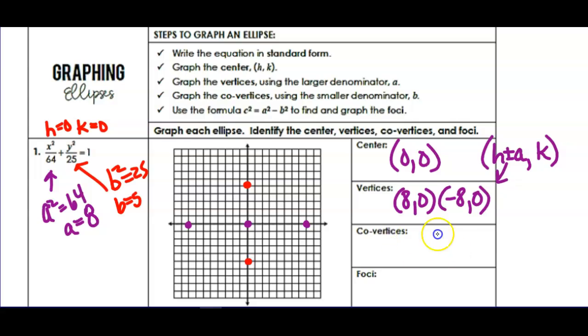And so the formula for those is H comma K plus or minus B, and that's because it's not the same if it's going the other direction, but we're adding on to the Y because that's the one it's underneath here. So we get 0, 5, and 0, negative 5. All right, so now we can draw the thing, actually.